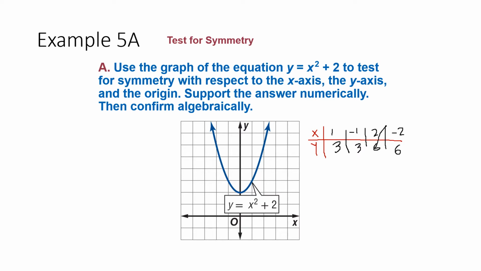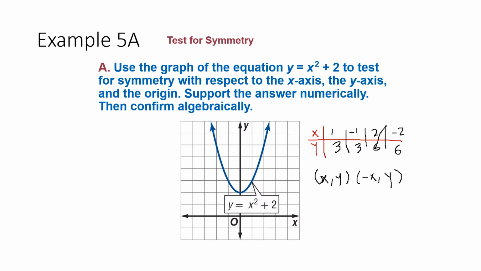What we know about symmetry about the y-axis is that every point (x, y) has the same point (-x, y). Is this true here? Every point (x, y) has the same point again on the other side, which is (-x, y). And it's true over here. So yes, it is symmetric about the y-axis.